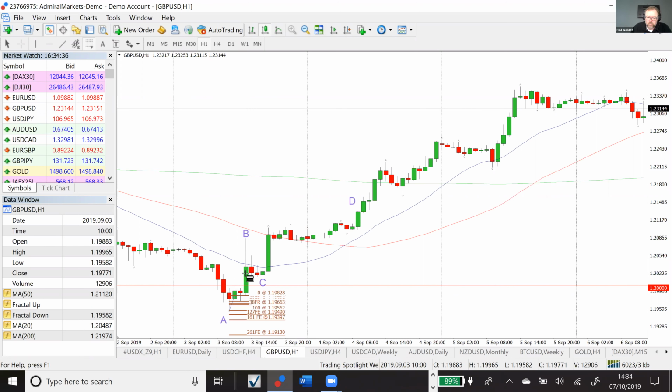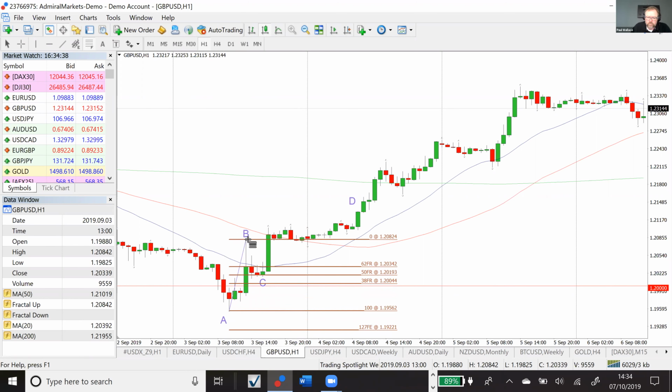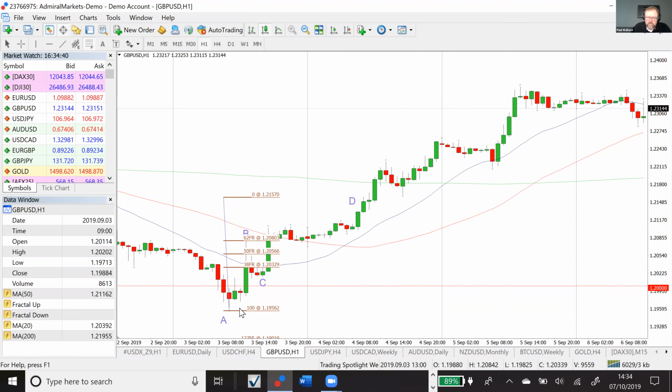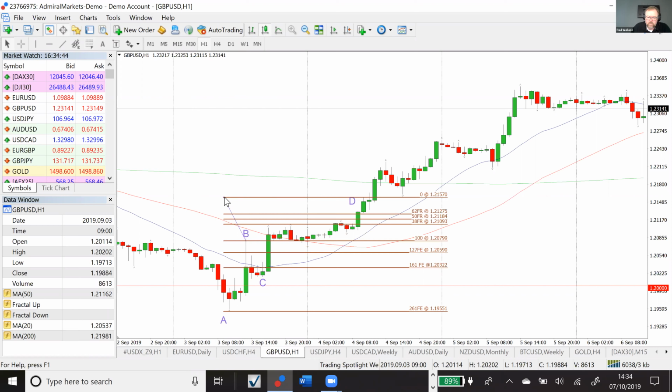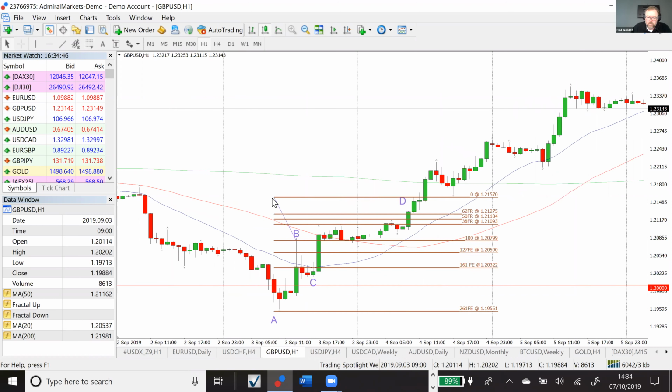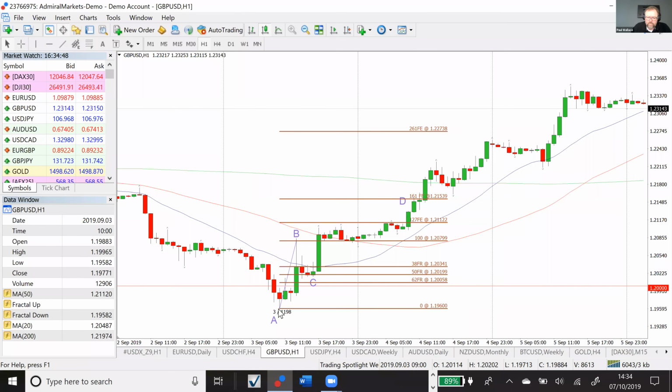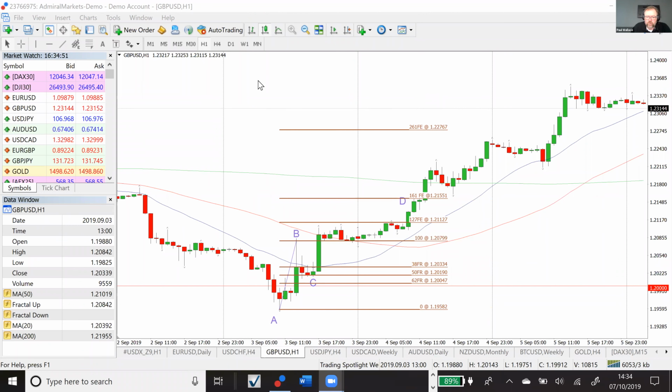What I was able to do is draw in the Fibonacci tool from my swing low to my swing high.